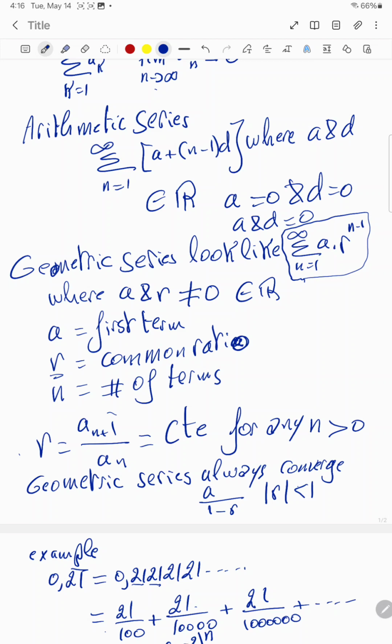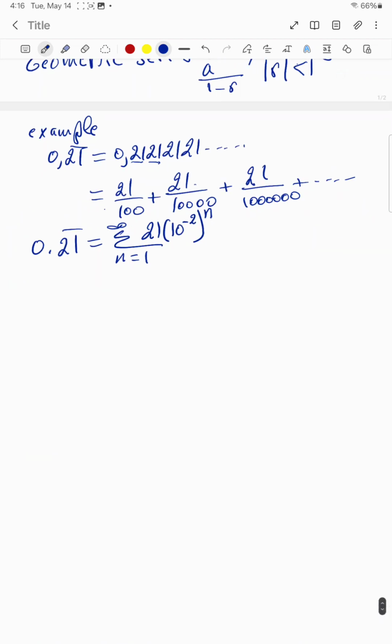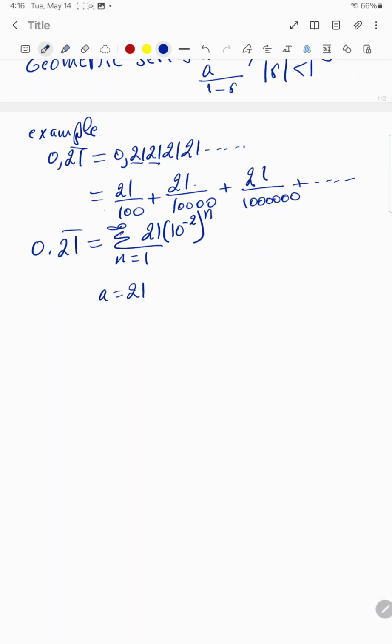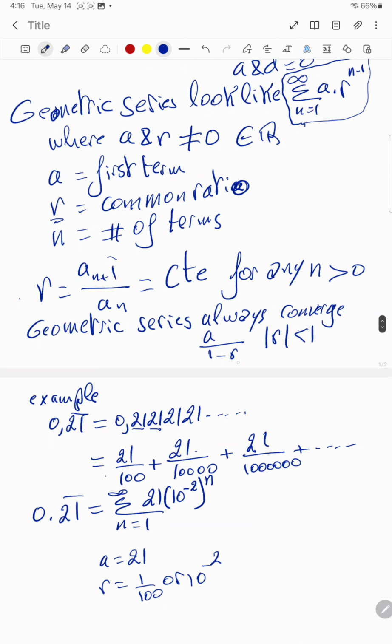It is a times r to the power n minus 1. In my case, my a is equal to 21, and my r is equal to 1 over 100, or 10 to the power minus 2. We said it always converges if the absolute value of r is less than 1.